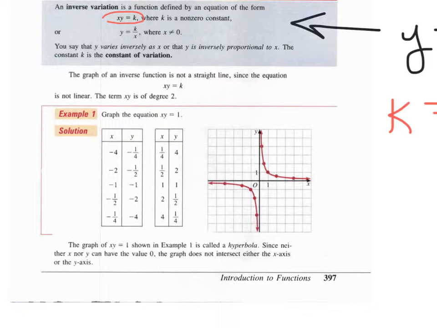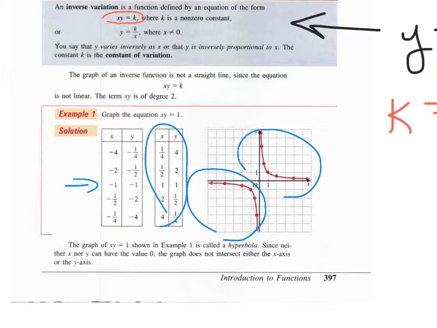But just keep in mind, if you're ever given an equation and they're asking you to graph it, you can choose whatever x values you want, and you can create a table. See how they have negative values to get this side, and then positive values here to get this side. So you're going to need to plug in at least 3 negative numbers and 3 positive numbers to get a decent graph when you do this homework tomorrow night.